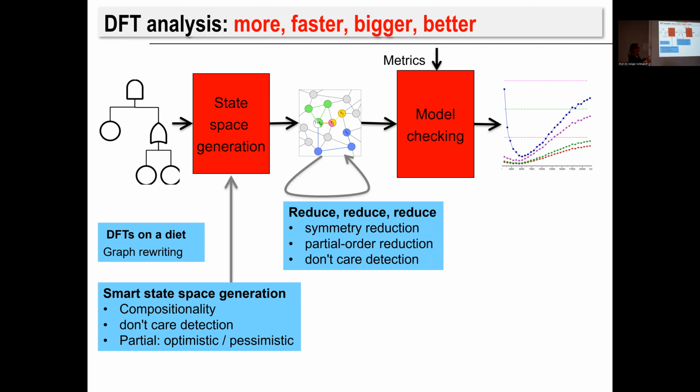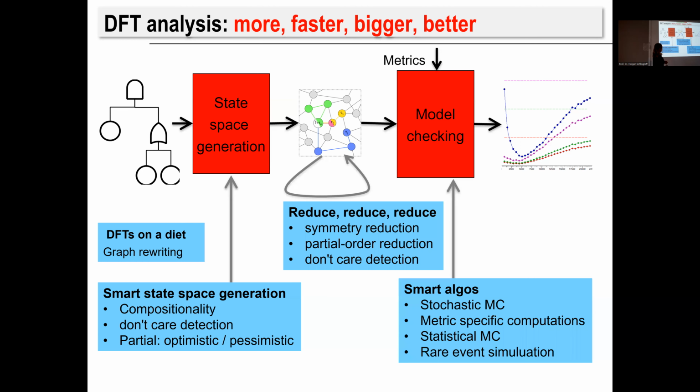We have a gazillion reduction techniques to make state spaces smaller, like partial order reduction, bisimulation reduction, symmetry reduction, and whatnot. Then we have smart algorithms, stochastic model checking, method-specific computations. If it doesn't work, you can do Monte Carlo simulation, and fit it all together with some meta modeling.